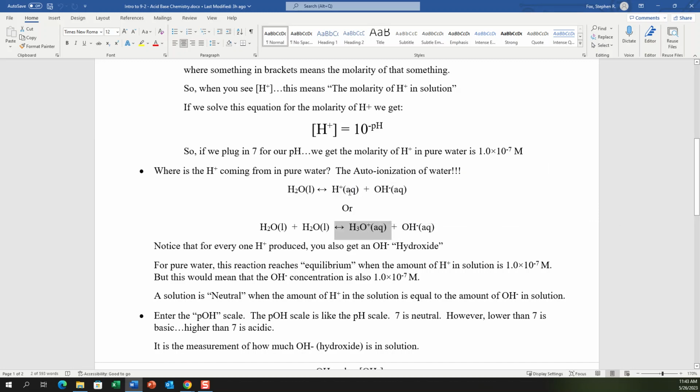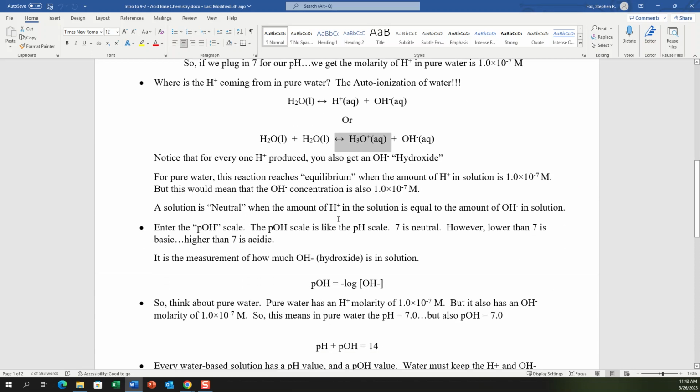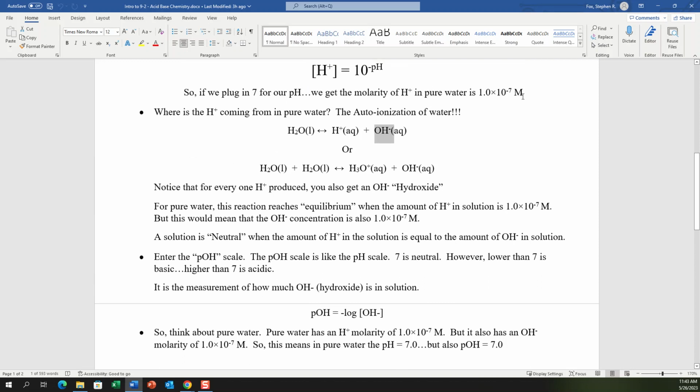But what we want to take from this is, not only does pure water do this to produce H plus, but notice for every one H plus that's produced, you get one OH minus. So not only is there 1 times 10 to the negative 7 moles per liter of H plus in pure water, that would mean there's 1 times 10 to the negative 7 moles per liter of hydroxide in pure water.